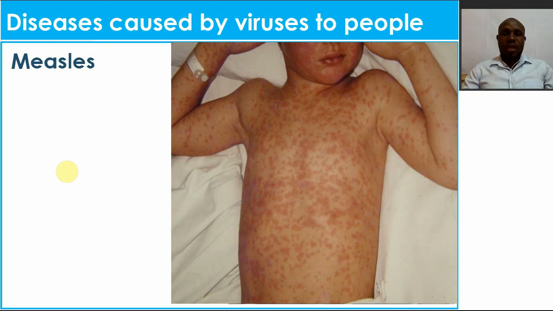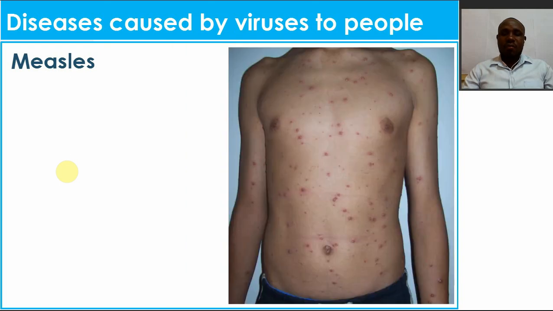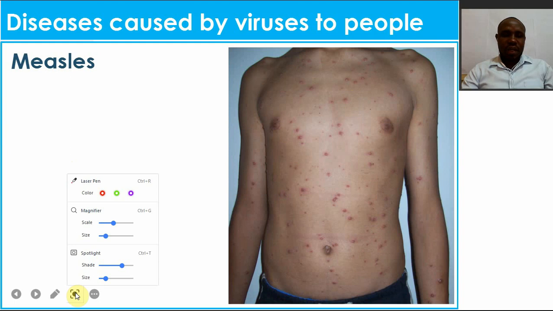As you can have a look at my picture here, this one is for measles. The reason I've put two pictures is that I wanted us to compare. This one I've said is for smallpox or chicken pox. Their scars are a little bit bigger, but not very many. Let me get my magnifier here.